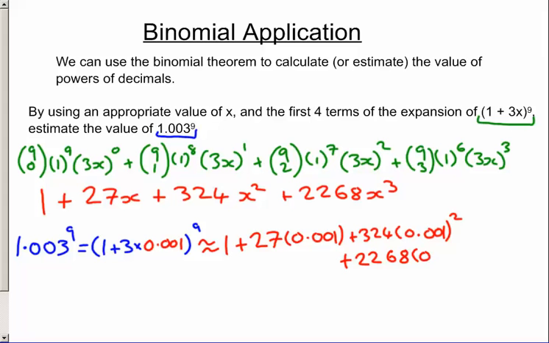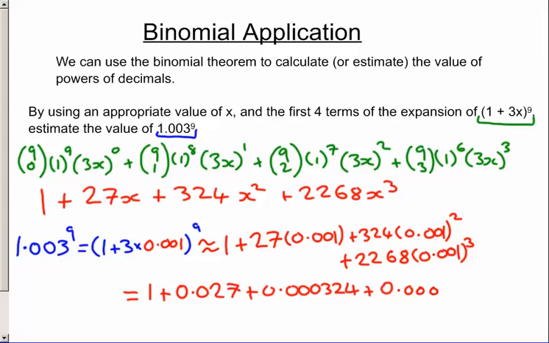That is equal to 1 + 0.027 + 0.00324 + 0.0000268, which gives us an answer of 1.0113628.